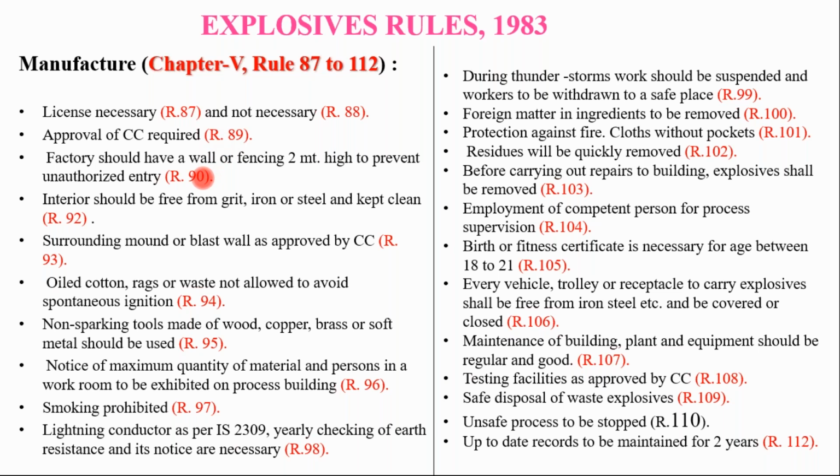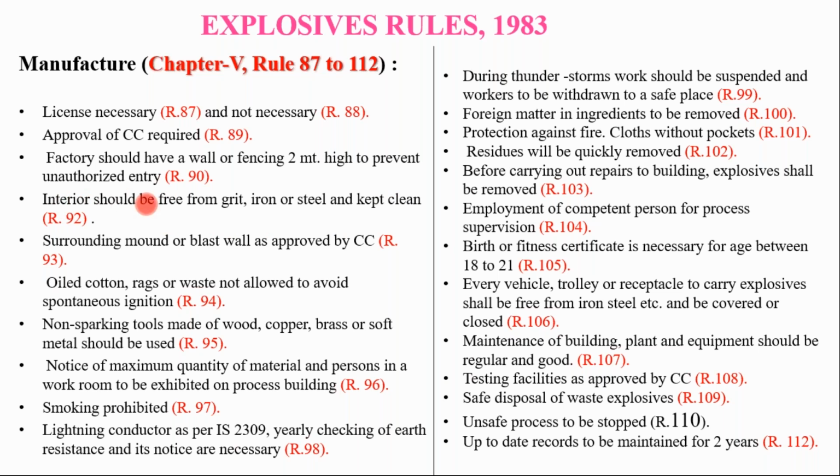Then rule 90 requires that the factory should have a wall or fencing 2 meters high to prevent unauthorized entry. We have already discussed this guarding facility, so 2-meter high guarding or fencing is necessary in that factory. Then 92 is related to the interior, which should be free from grit, iron or steel and kept clean.